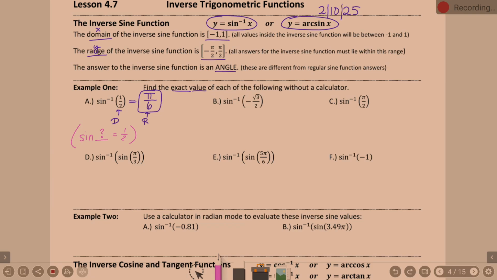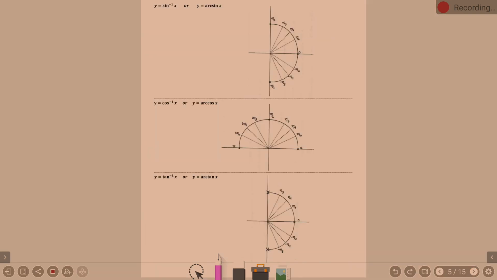Now, before I move on to part B, on the back of your notes you have some half circles on the back of this page, yes? So if you look at the back of your page real quick, you have some half circles, okay?